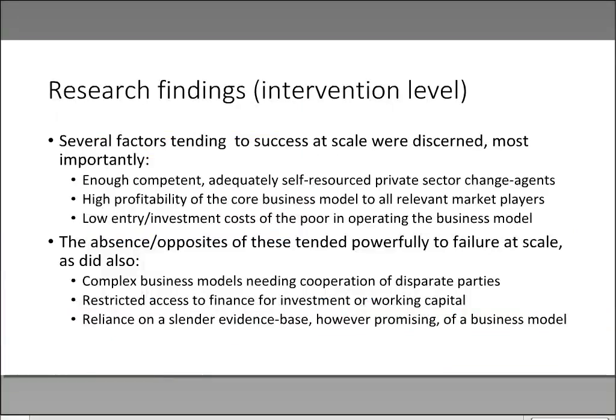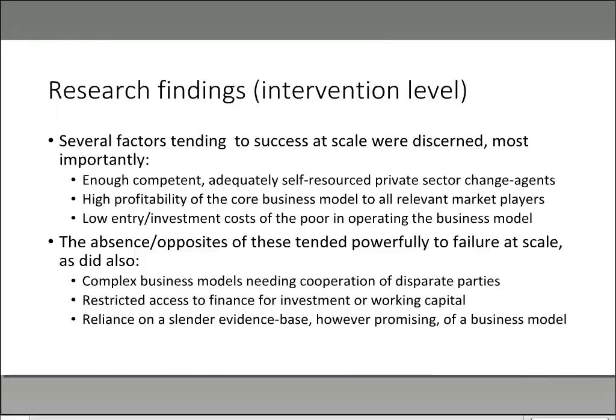So the research findings, at the intervention level, there were several factors which tended to success at scale. There is the importance of the scale agent, there's the convincing profitability of the core business model, and that means to all the relevant market players.